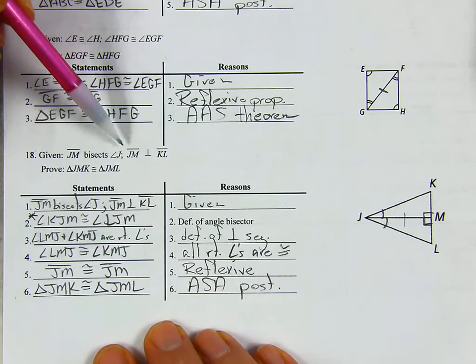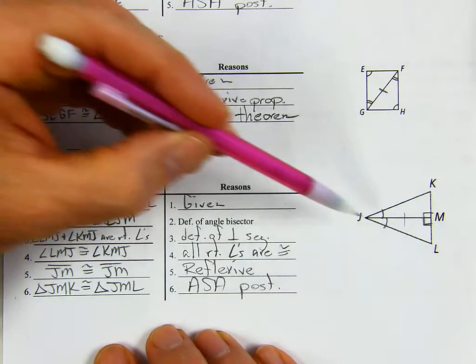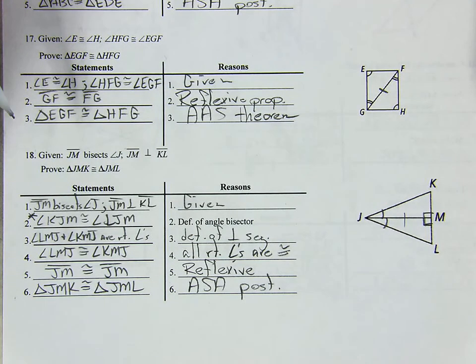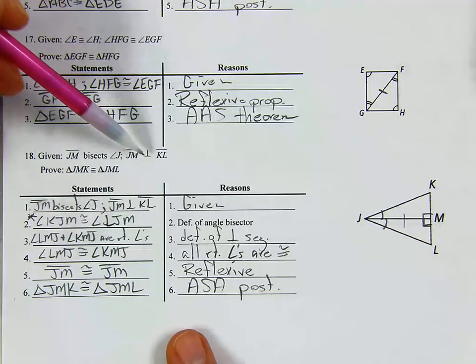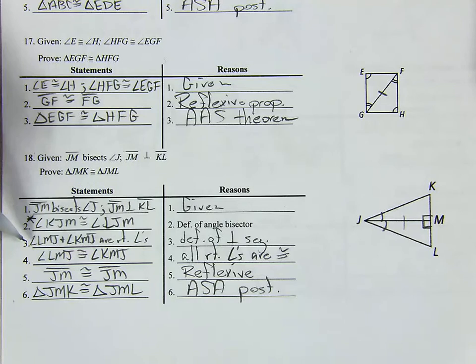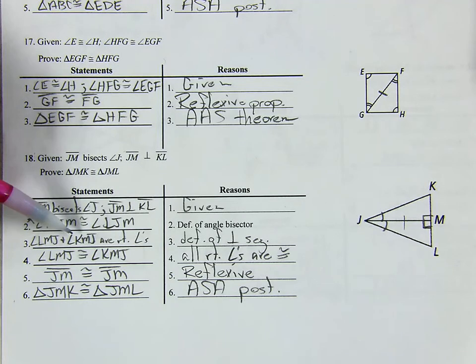Now, we talked about this before. Whenever they tell me 2 segments are perpendicular, and they're telling me JM is perpendicular to KL, there's going to be 2 statements that I have to make. First, when they're perpendicular, they form right angles, and the angles LMJ and KMJ are right angles.